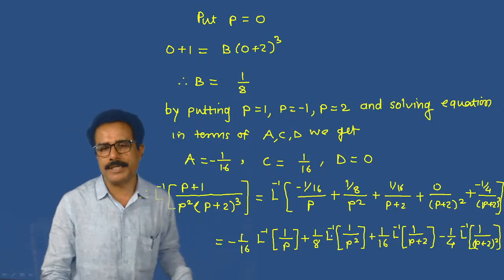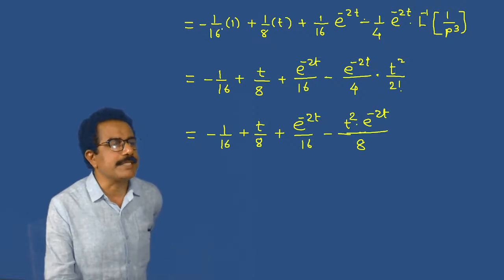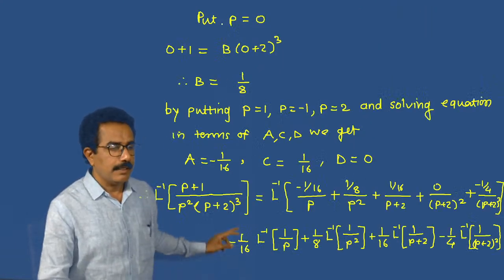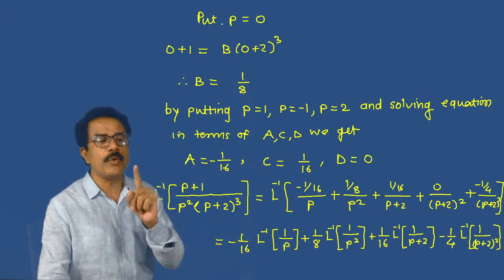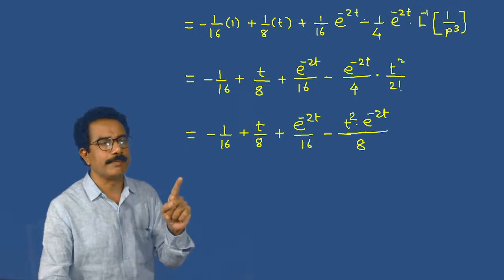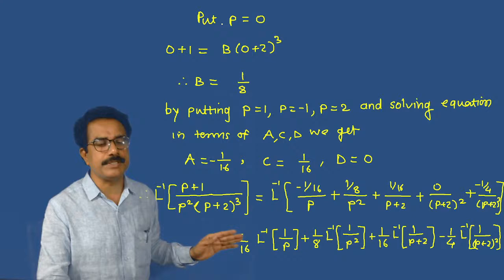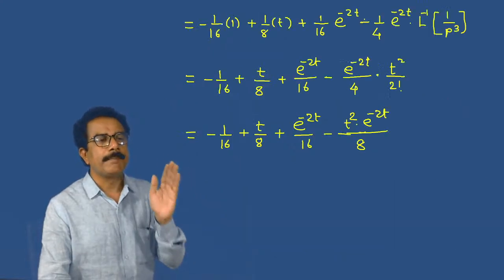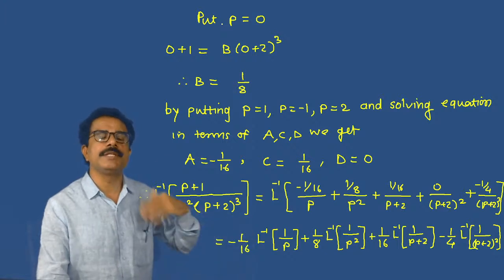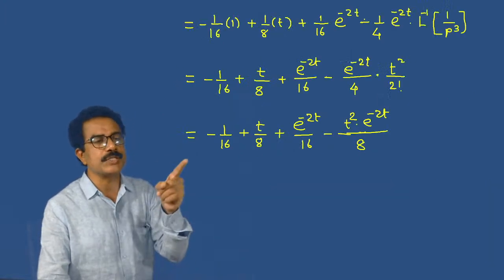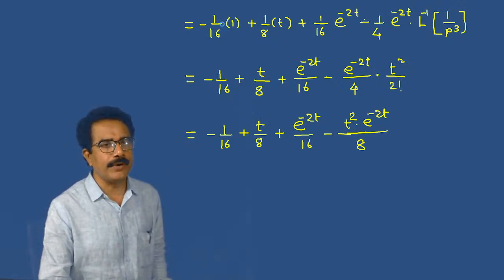Now you can use the property of inverse Laplace transform. So minus 1 by 16, inverse Laplace transform of 1 upon P is 1. So we have written 1. Again 1 by 8 L inverse of 1 upon P square is equal to t, plus 1 by 16 e raised to minus a t, in here a is 2, so e raised to minus 2t, minus 1 by 4.